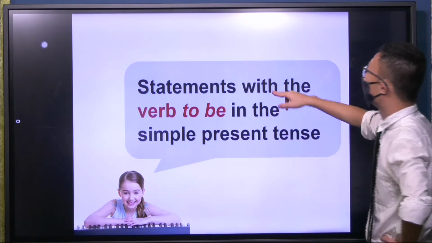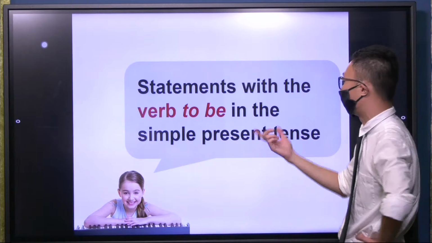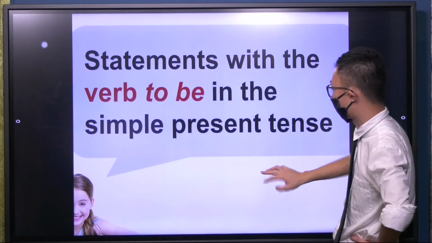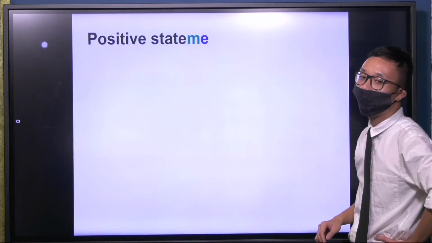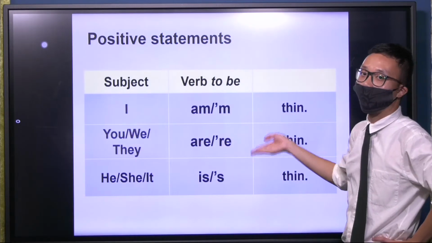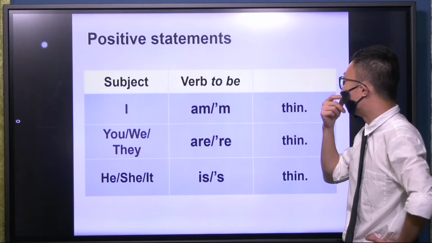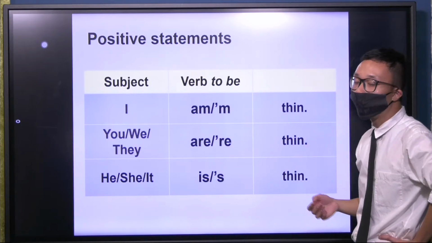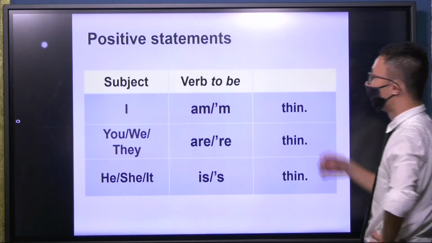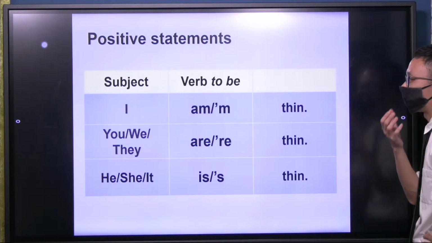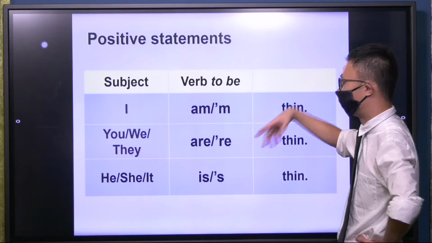Okay. Statements with the verb to be. Be is also a really odd one in the simple present tense. Now we know some of the forms change in be, and we know some more in form 3 as well. You keep learning this interesting variation of be, a different form, a different look of be.